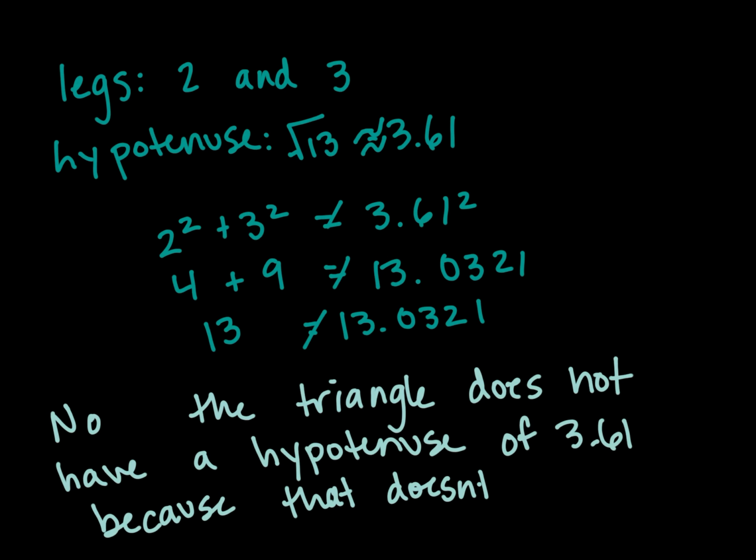Both sides have to be equal in order for it to create a right triangle, but his rounding doesn't work.